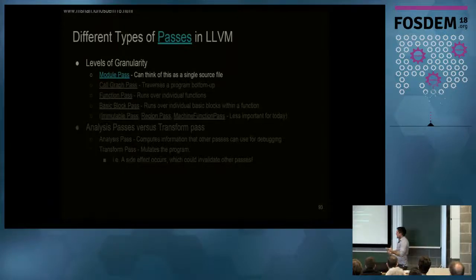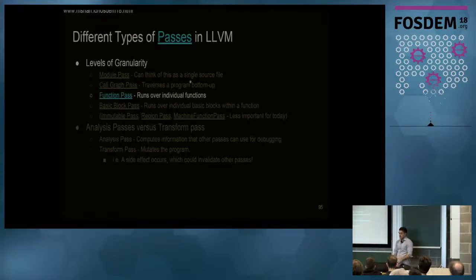The LLVM way is you have different granularities of how you want to inspect your code. At a higher level, a source file level, you can think of a module pass that looks through a full module. A call graph pass traverses a module bottom up.